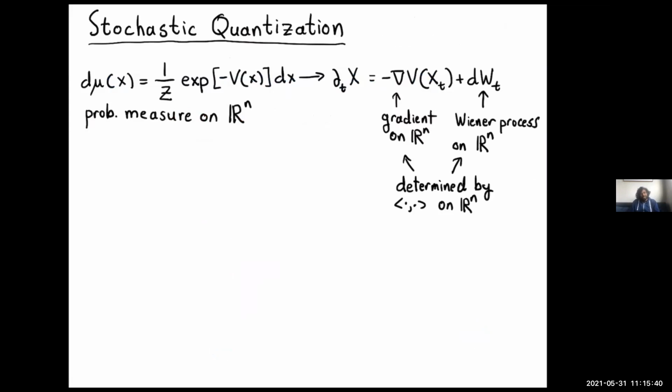You have an equation with a drift term given by the gradient of your Gibbs factor, driven by a Wiener process. I just want to say, in order to give this prescription, the key ingredient is an inner product structure on Rn that allows you to define the gradient and the Wiener process.